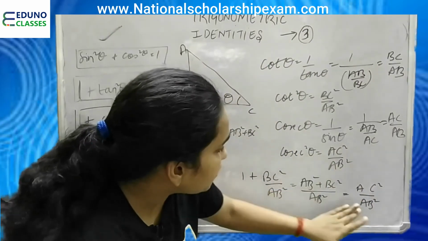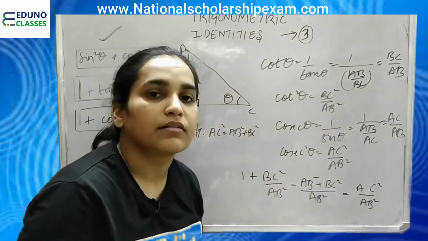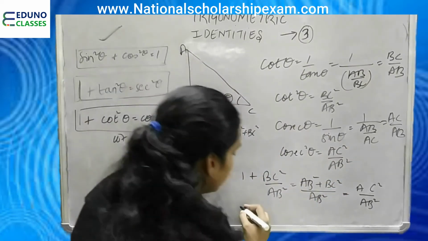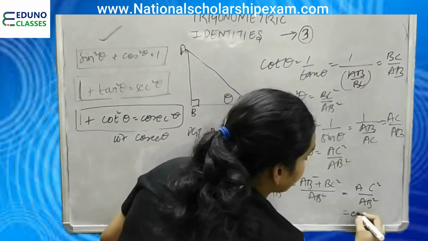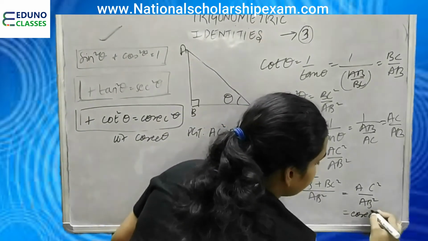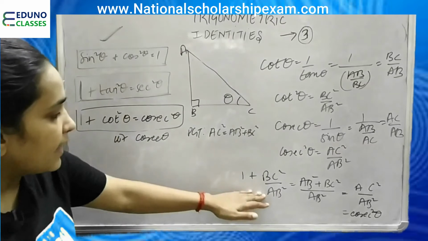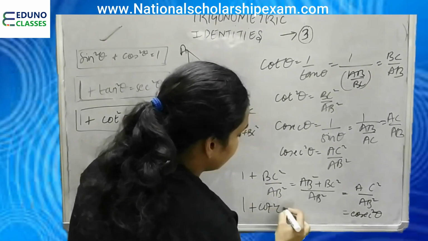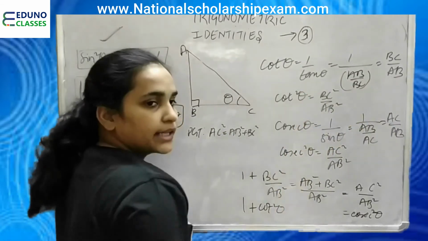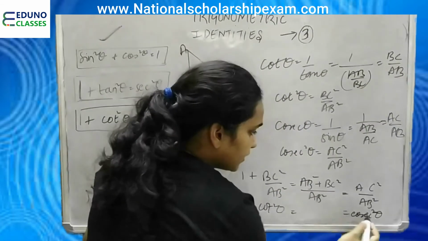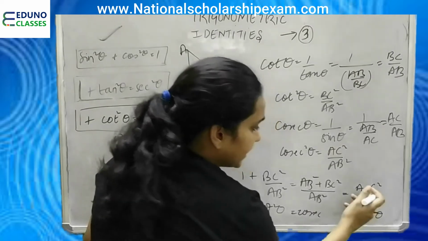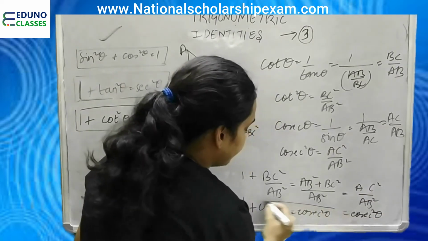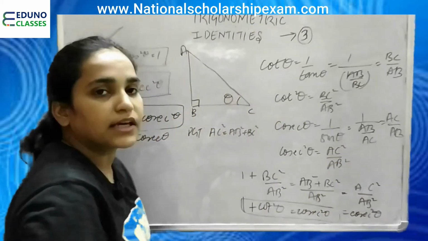Now AC square upon AB square is cosec square theta. This was 1 plus cot square theta, right? BC by AB square is cot square theta, and then you solved it, you got AC by AB square, and AC by AB square is cosec square theta.